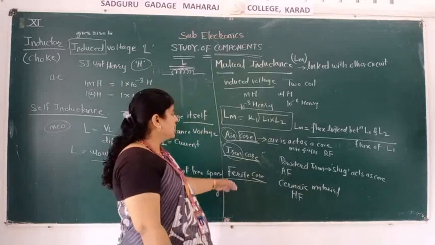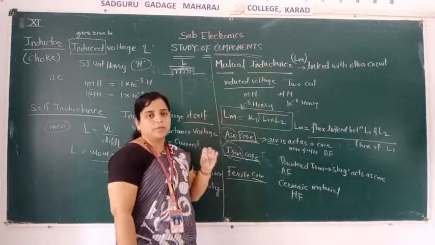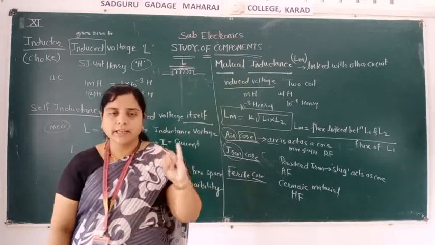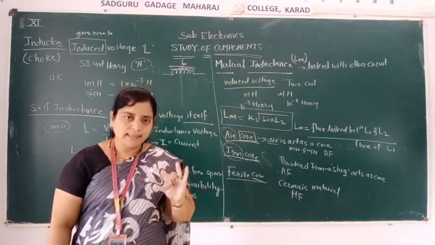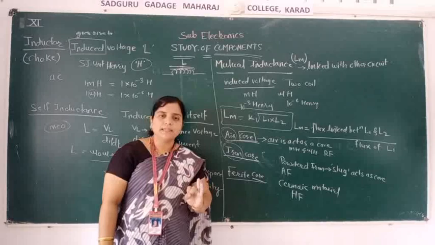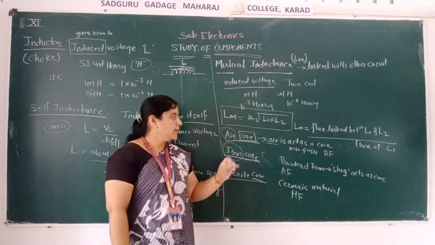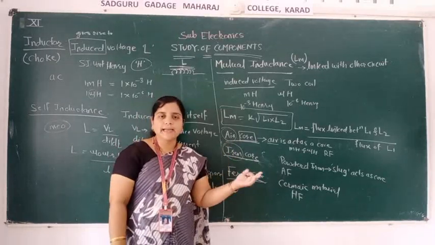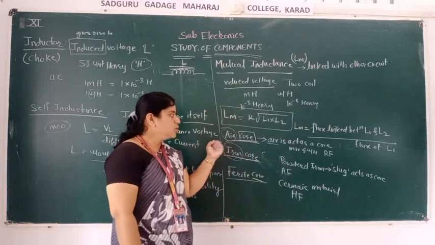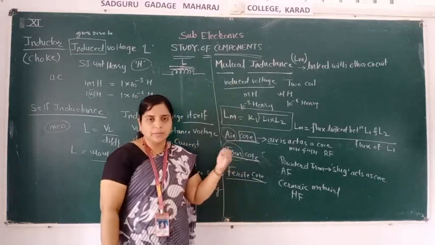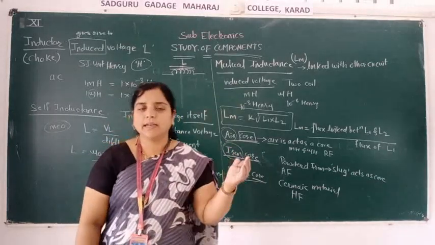Okay, so this inductor is made up of three things: the air core inductor, iron core inductor and ferrite core inductor. In the air core inductor, air acts as a core and it is used in the radio frequency signal. It can be measured in millihenry and microhenry.